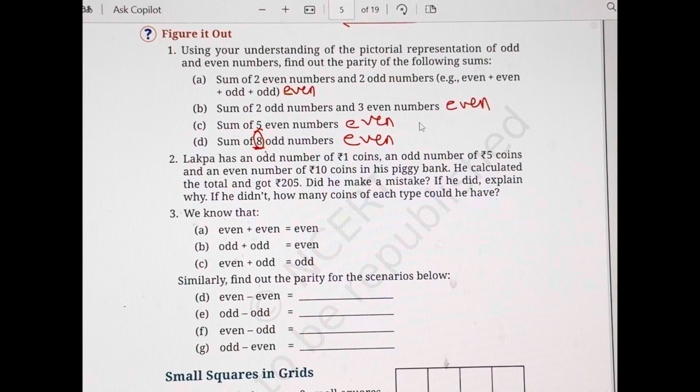You can take example if you want, like 1 plus 3 plus 5 plus 7 plus 9 plus 11, 1, 2, 3, 4, 5, 6, plus 13 plus 15, which gives you 64. Right? Which is an even number. So in all these cases we are getting even number.